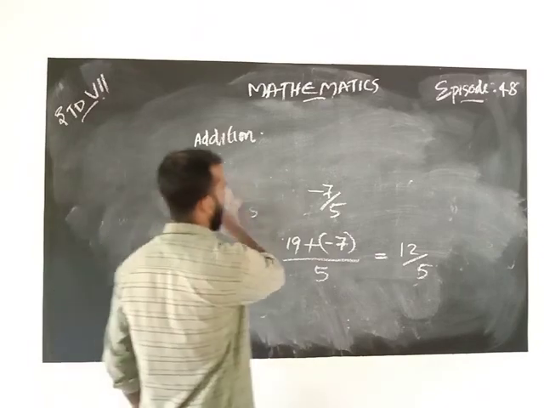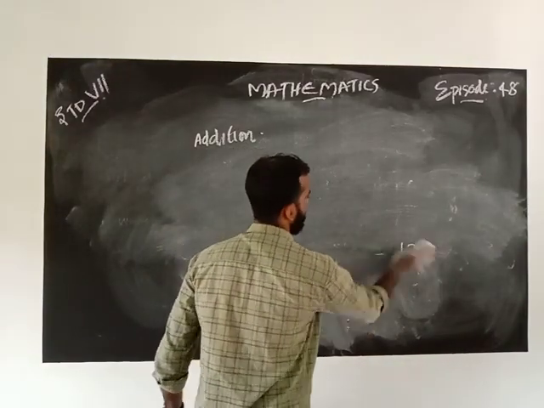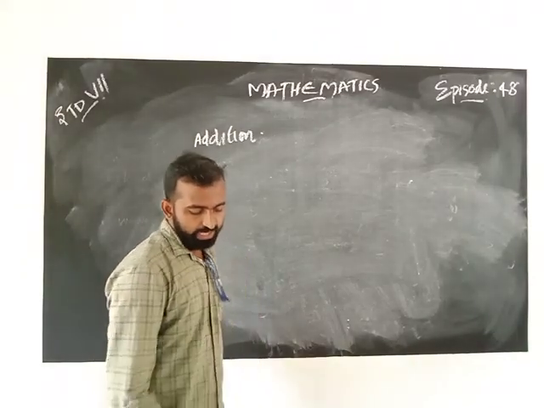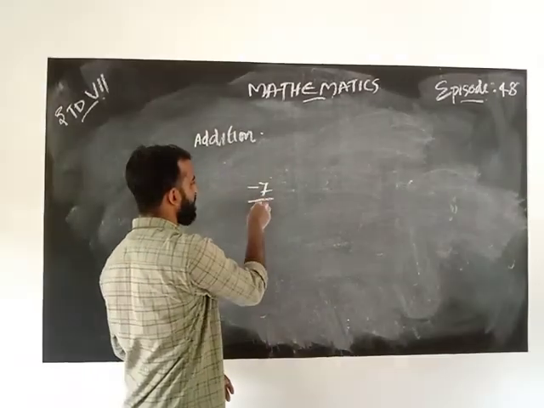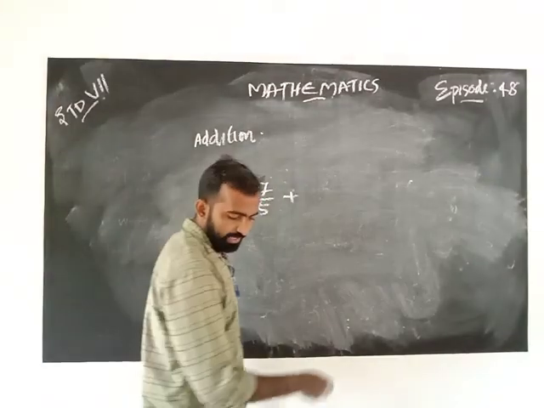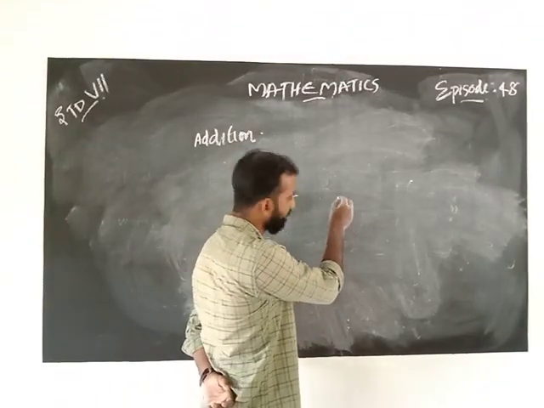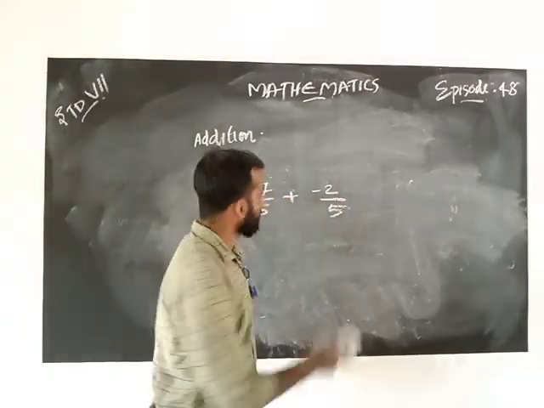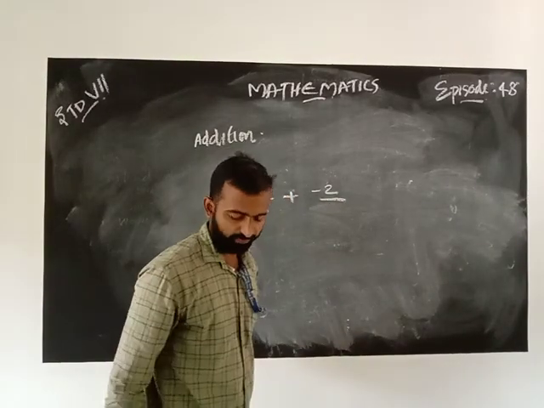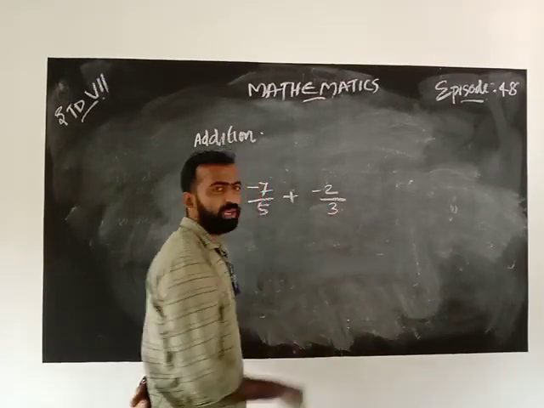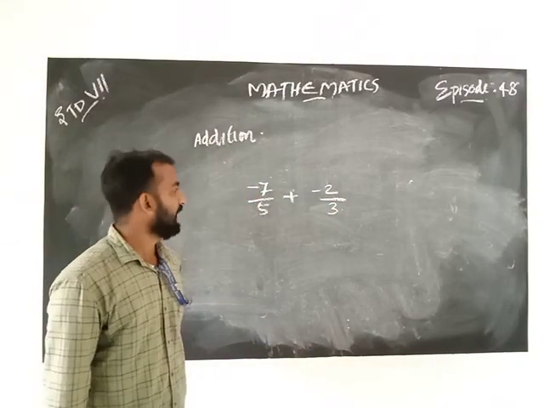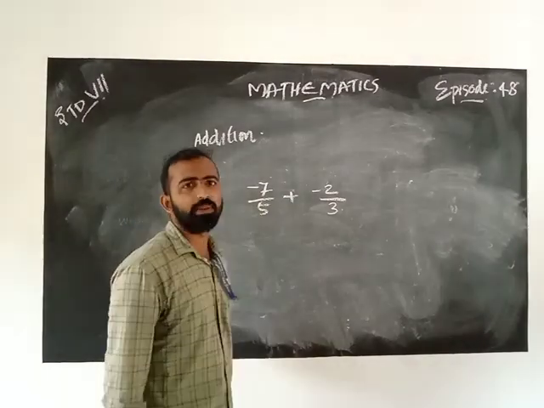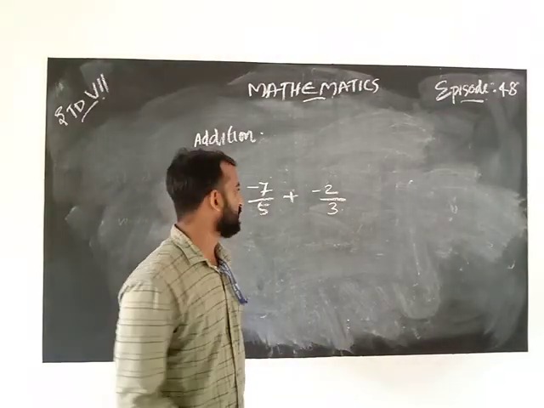For example, we want to find negative 7 by 5 plus negative 2 by 3. What is the answer? Here we take the LCM, the least common multiple, of the denominators.